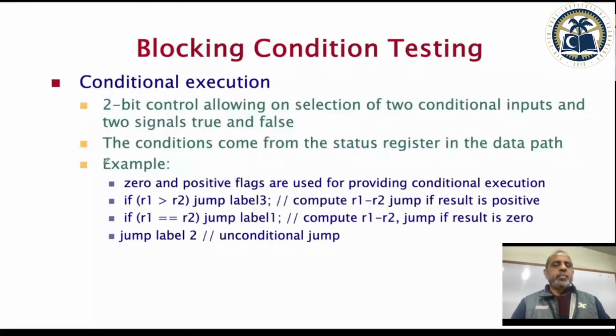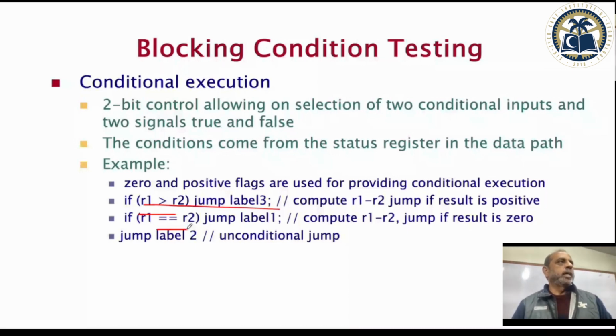So with 2 bits, if you're saying if R1 is greater than R2, then jump to label 3, this is a typical instruction which your architecture will support, and this is happening in your data path. If they're positive, then you jump, otherwise you don't. Or you say if R1 equals R2, it means you subtract and the answer is 0, so you also have a 0 flag.